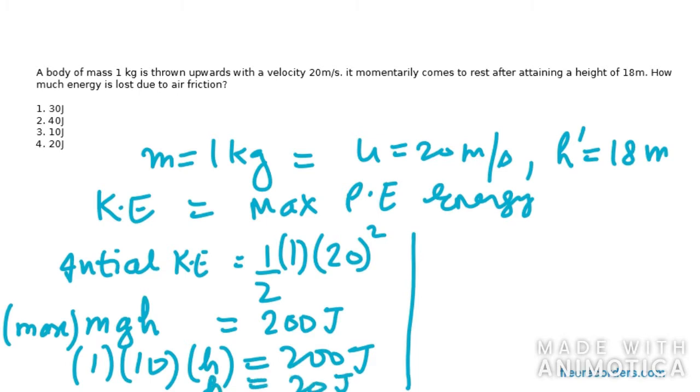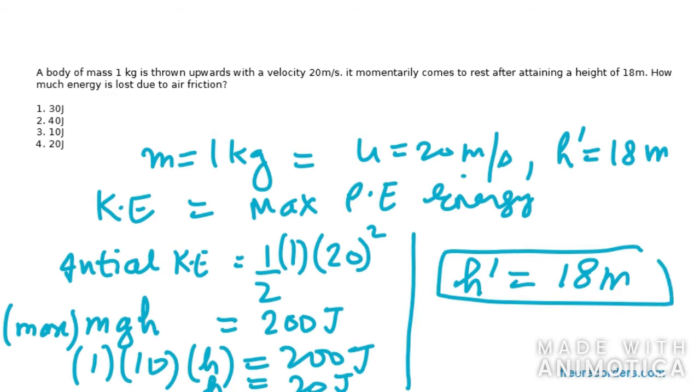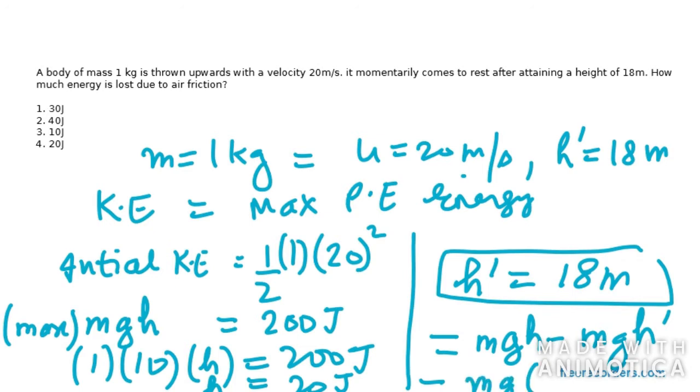So the height traveled by the body is h dash, that is 18 meter, that is given to us in the question. So we need to find loss of energy due to air friction. It will be given by mgh minus mgh dash. mg is constant, whereas h is the variable here. So m is 1, g is 10, h is 20 minus 18, h dash is 18. So this will be 20 joule. So the right answer for this one is 20 joule.